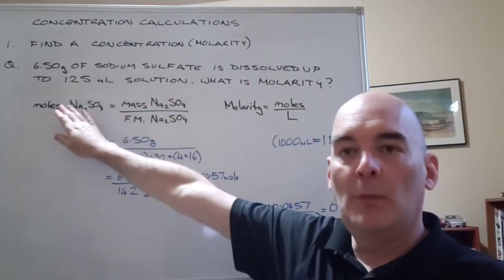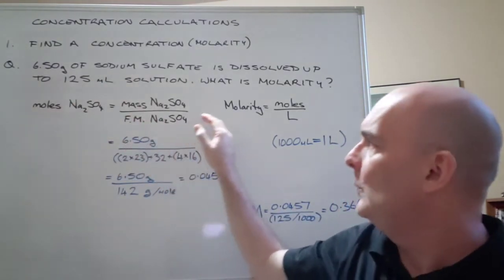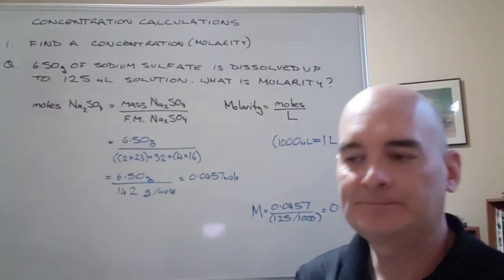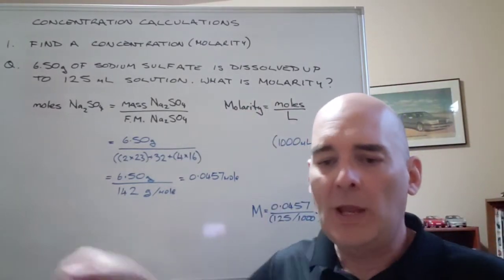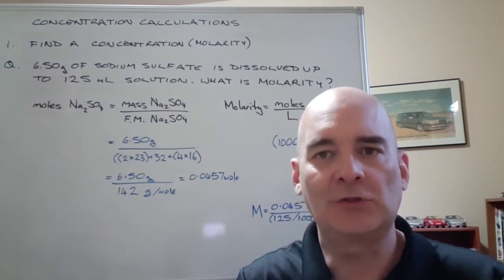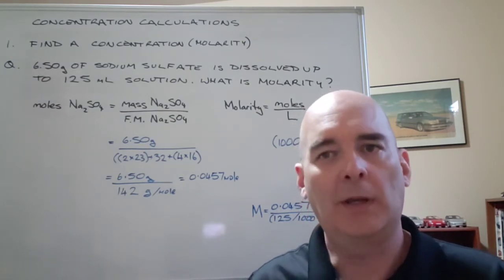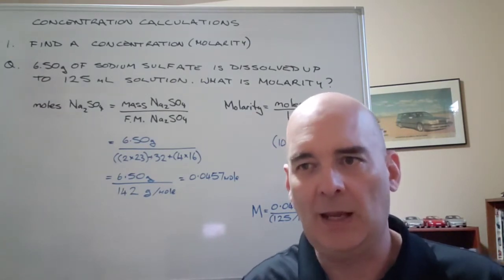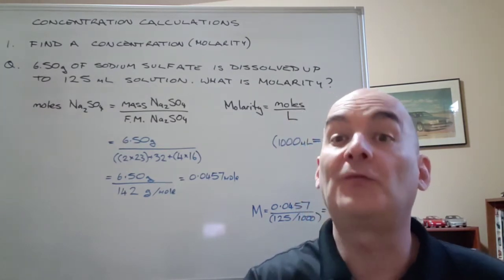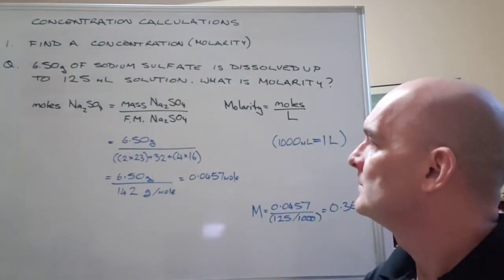We need to know that moles is mass divided by formula mass, and we need to know that molarity is moles per liter. Now, the way I've got it written out on the board is broken down into those two equations. I'm solving for those two equations separately, but when I'm done, I'm going to go back and we'll do it the dimensional analysis way, in which I solve for the final answer all in one big equation.